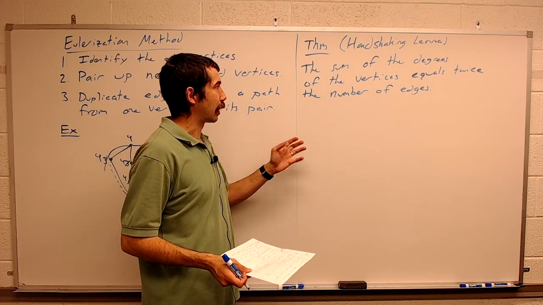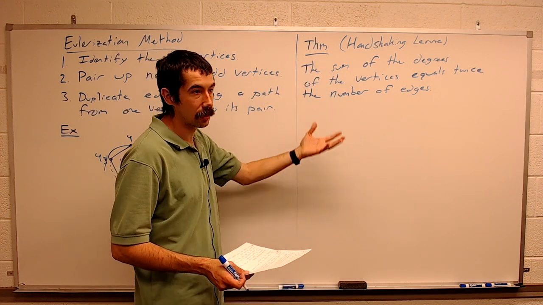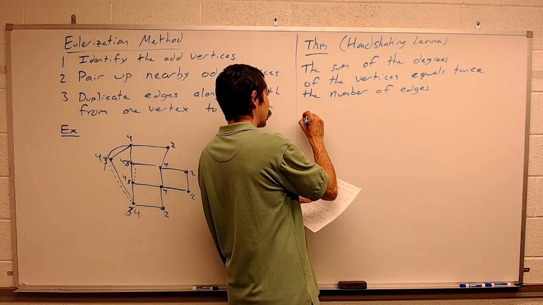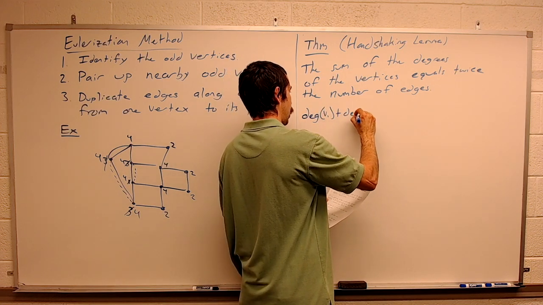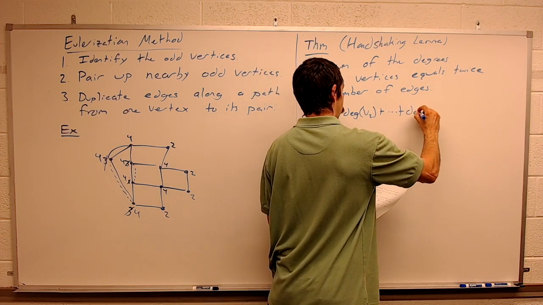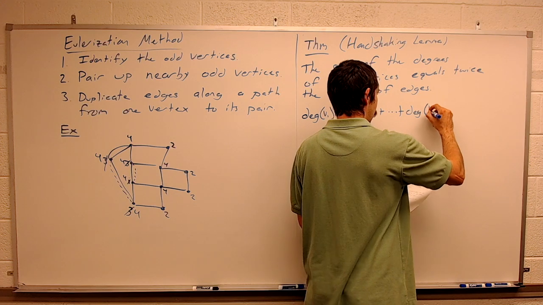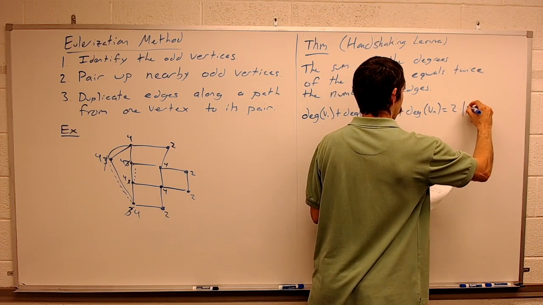Well, I'll tell you in a second, but let me rewrite this. Instead of in words, we could write this mathematically. This is saying that the degree of the first vertex plus the degree of the second vertex plus the degree of, let's say, the nth vertex is equal to twice the number of edges.